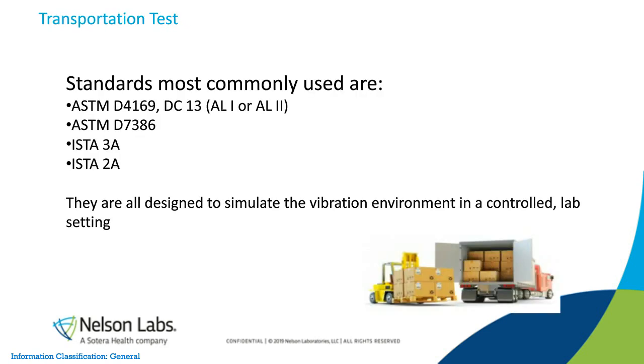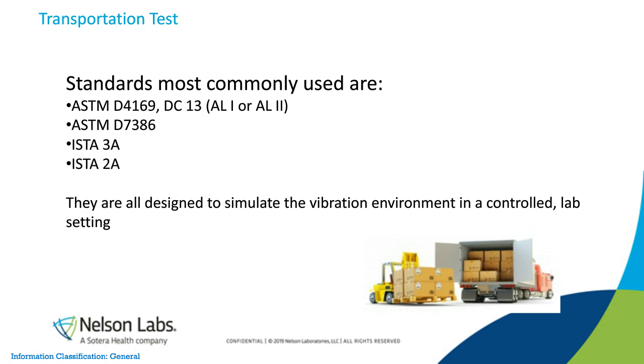There are two standards groups that write transportation and distribution standards. They are ASTM International, which stands for American Society for Testing and Materials, and ISTA, which stands for International Safe Transit Association. The transportation test procedure is called a distribution cycle. There are a number of cycle options to choose from.